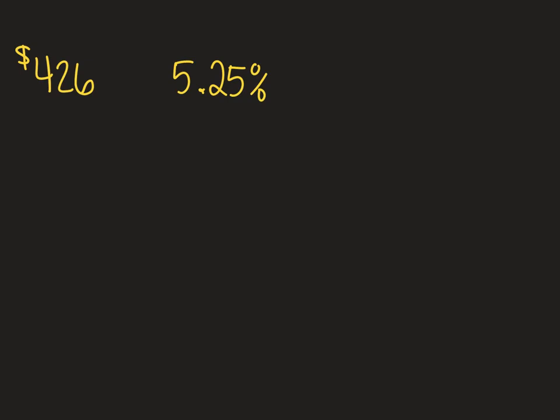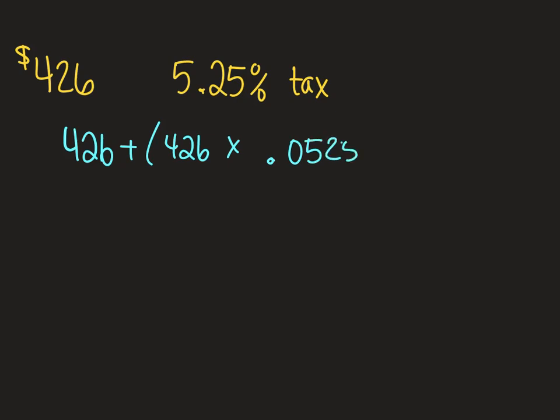Your next question, you're buying an item for $426. The sales tax is 5.25%. What is the equation, the first line, going to look like? It's going to look like 426 plus 426 times 0.0525.